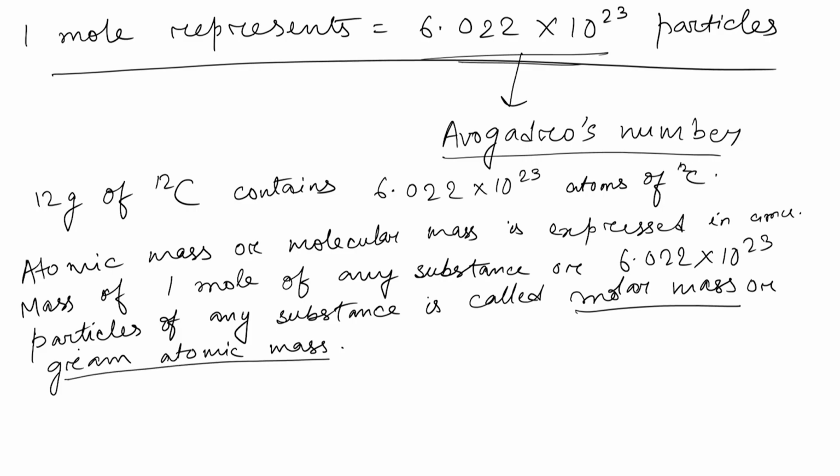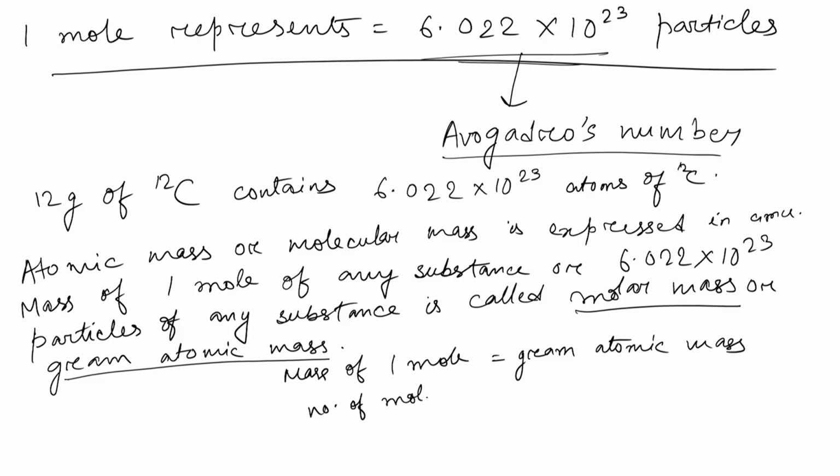So, if the mass of 1 mole is called gram atomic mass, then the number of moles is called the number of gram atoms. So, if anywhere in any question instead of mole they say gram atoms, then we have to understand that they are talking about moles.